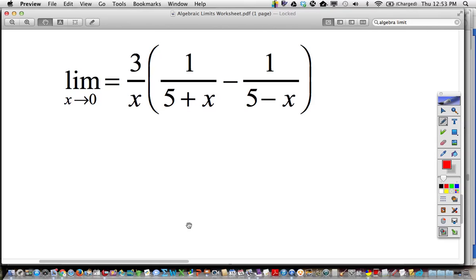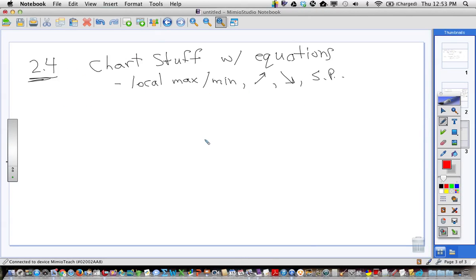All right. So let's move onward from limits for a little while. And we did the worksheet. We did those. Okay. So what we want to do now is talk about this 2.4 stuff a little bit.